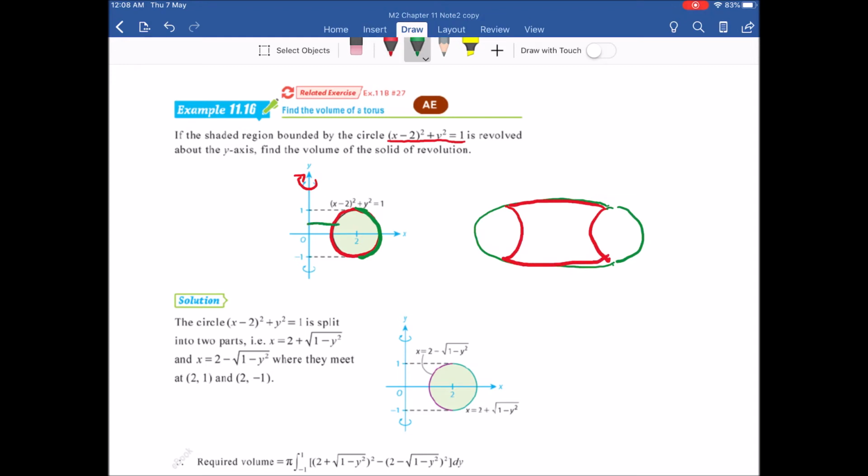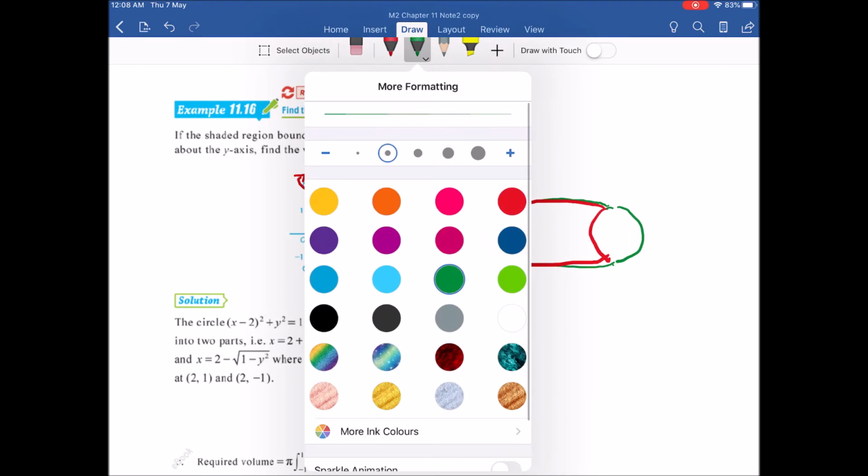So here this is the x, and for this one this is the x. So I write it like this.